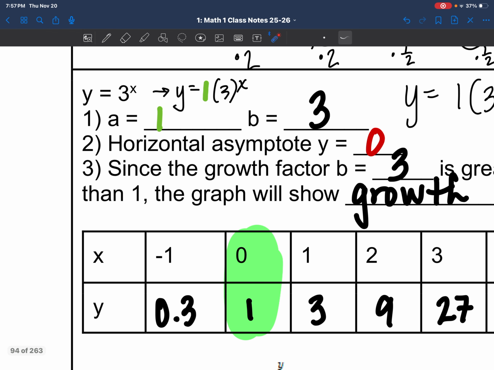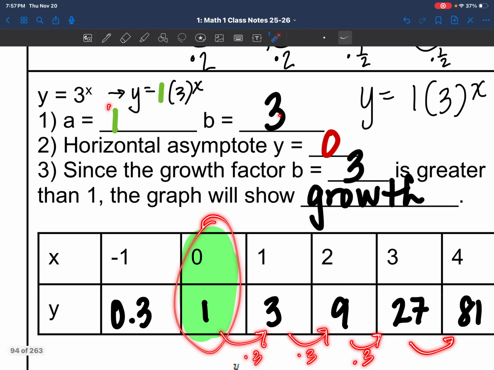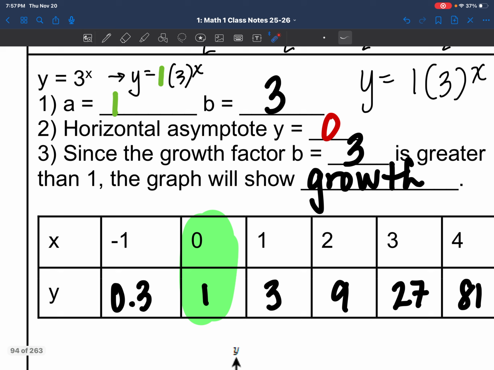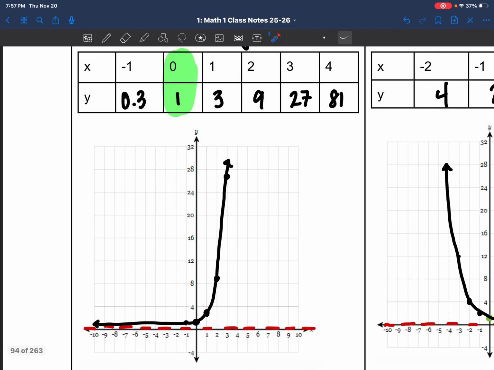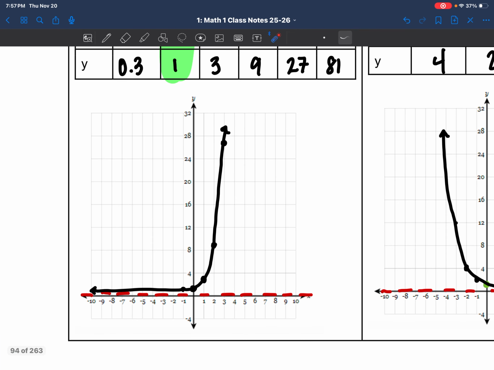All right. So go ahead, plot your points. And since it's 3, you're going to multiply by 3. And then backwards, if you're multiplying by 3, this means you're going to multiply by 1/3, going that way, or divide by 3. All right, and if you graph it, that's what it should look like if you did it correctly.